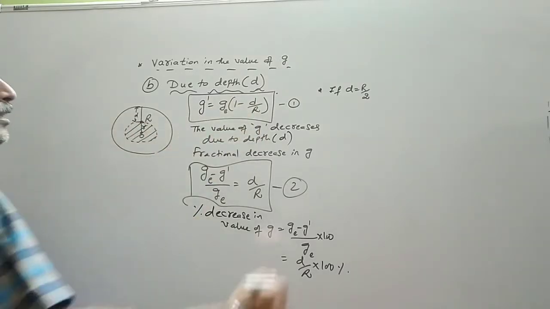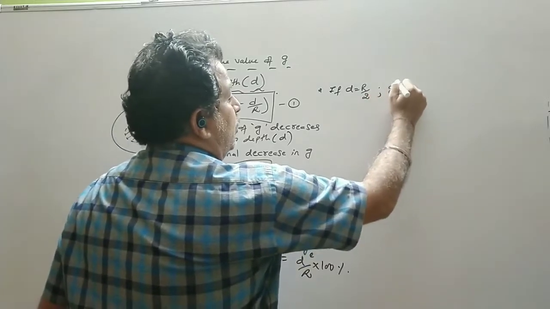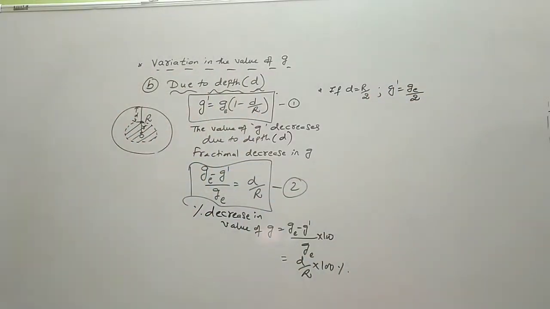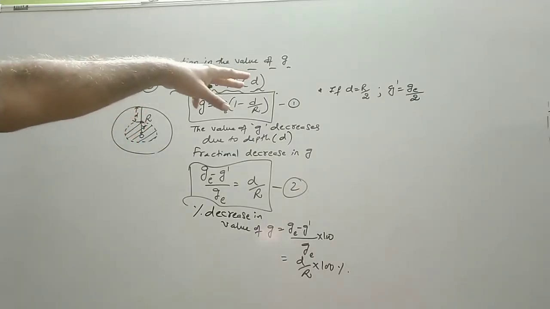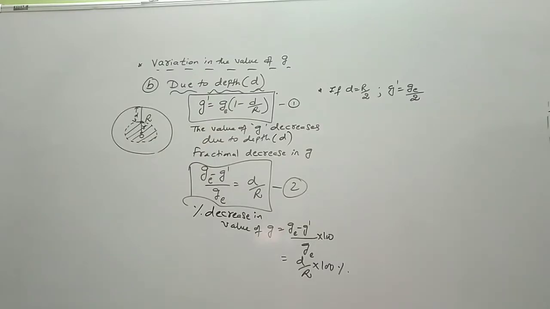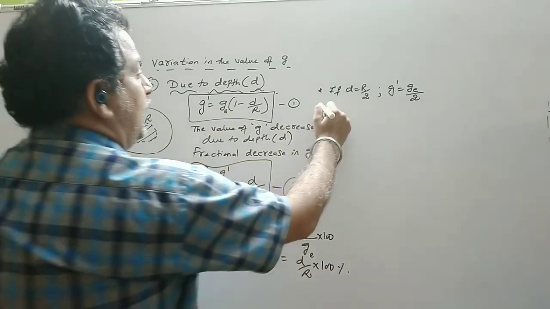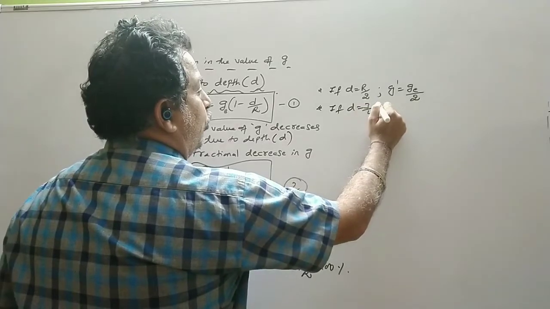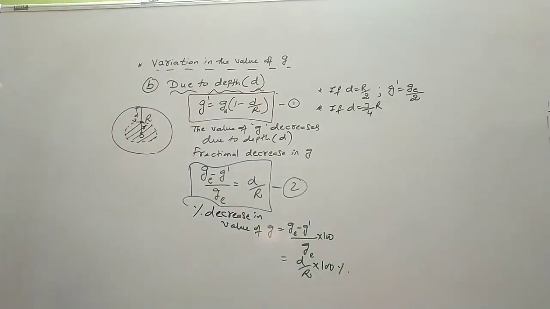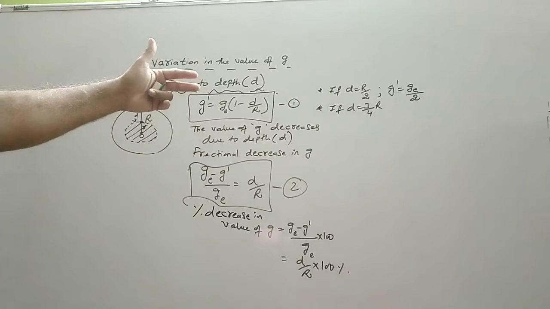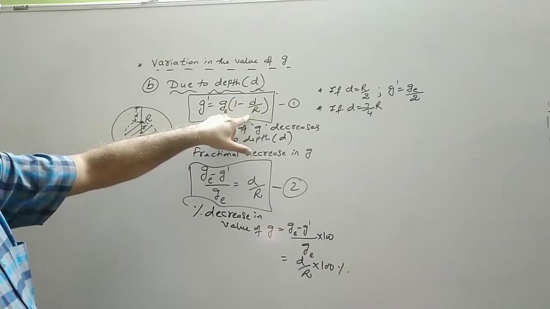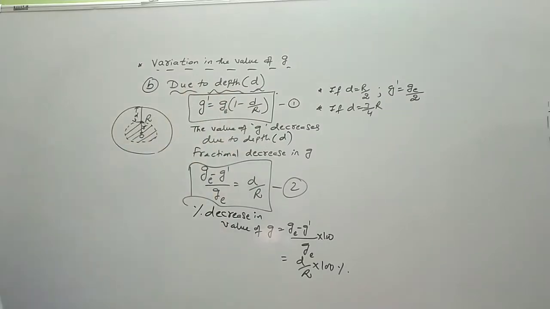That is directly g dash is equal to ge by 2. So if we go inside the earth, half of its radius, the value of g also becomes half. Similarly, if d is equal to 3 by 4 R, that is 3/4 R, then you substitute here 3 by 4 R, so it becomes 1 by 4.